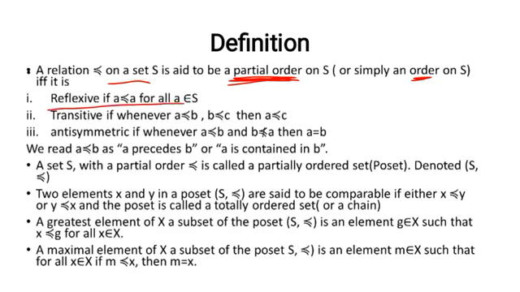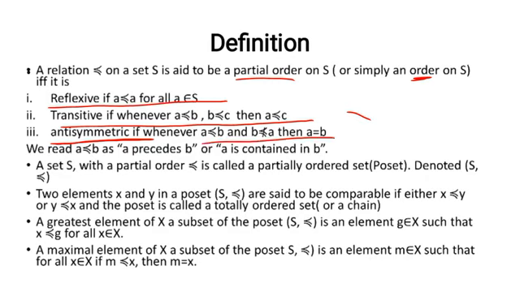Reflexive, similar to what we had when we were doing reflexive for the equivalence, but now it's a different notation, as you can see on the screen. Then transitive, similar to that of the equivalence relation, and antisymmetric.